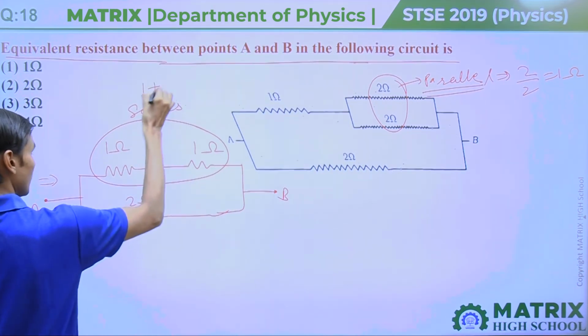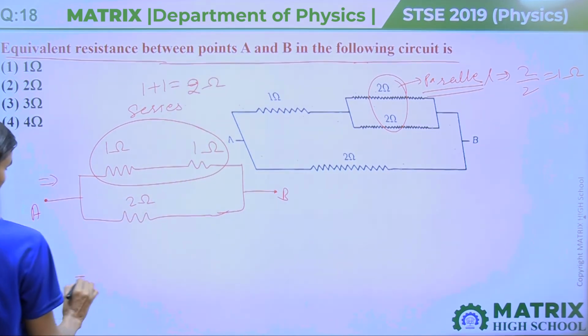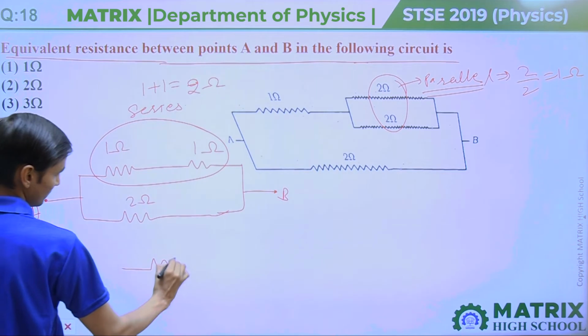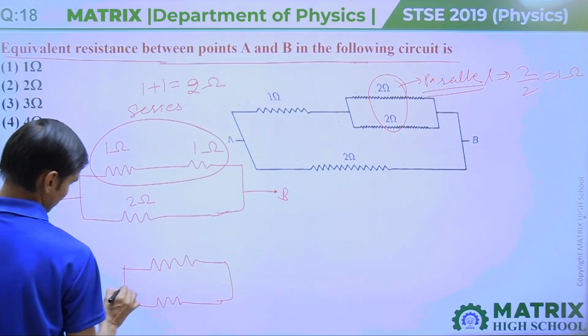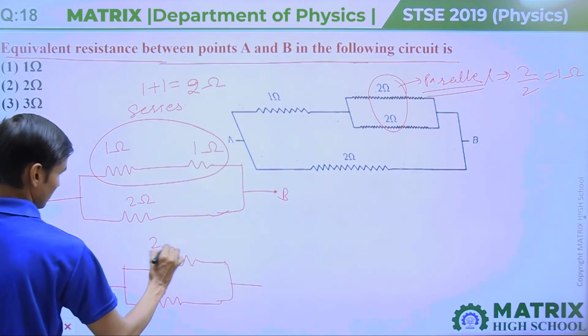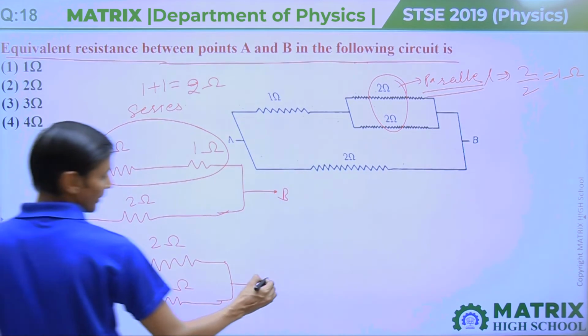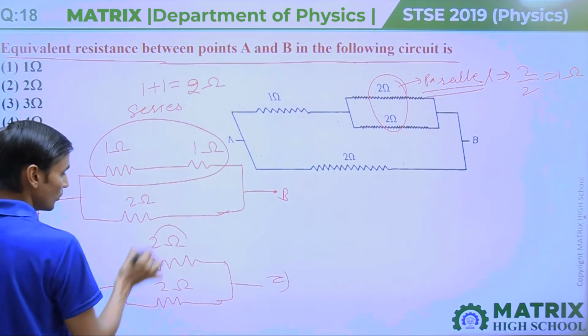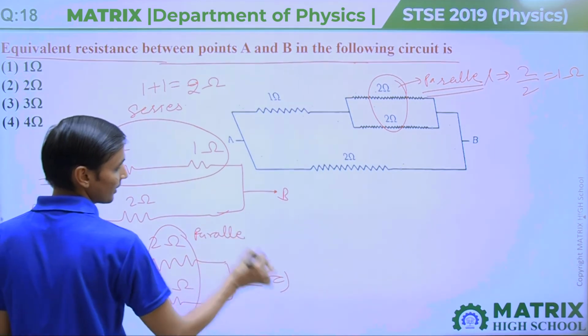So equivalent will come 1 plus 1, 2 ohm. Here it will come 2 ohm and 2 ohm. Now this 2 ohm and 2 ohm are in parallel.